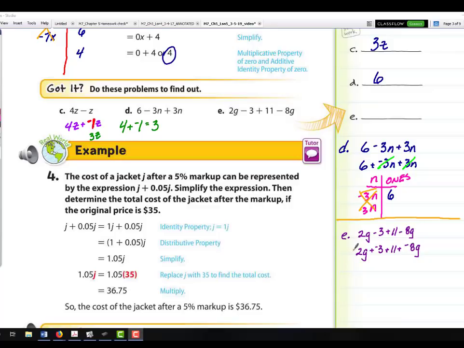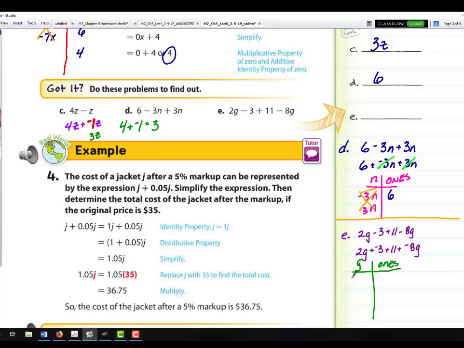I rewrote it all in addition, so 2g plus negative 3 plus 11 plus negative 8g, which means I have 2 categories of things. I have g's, the 2g, the negative 8g, and I have 1's, the negative 3, the positive 11.